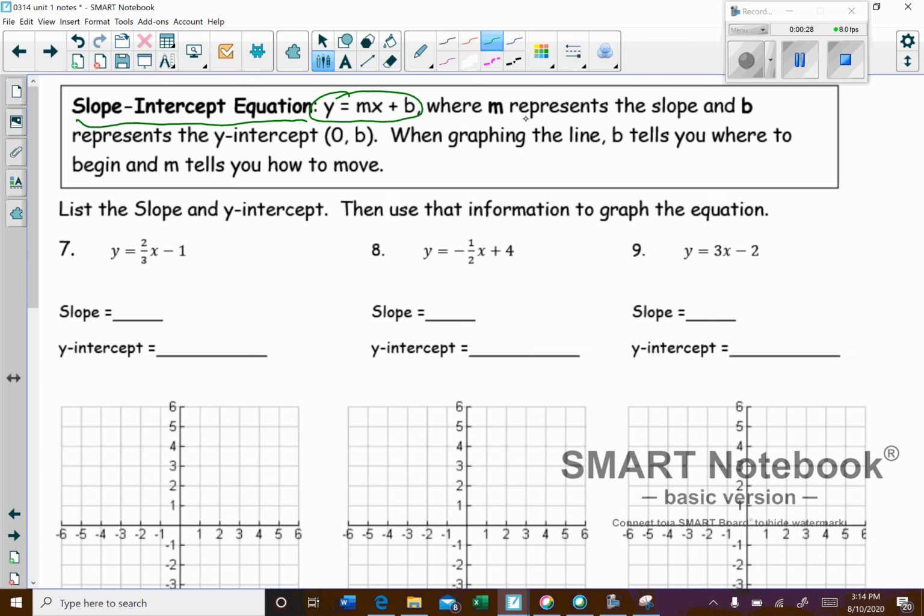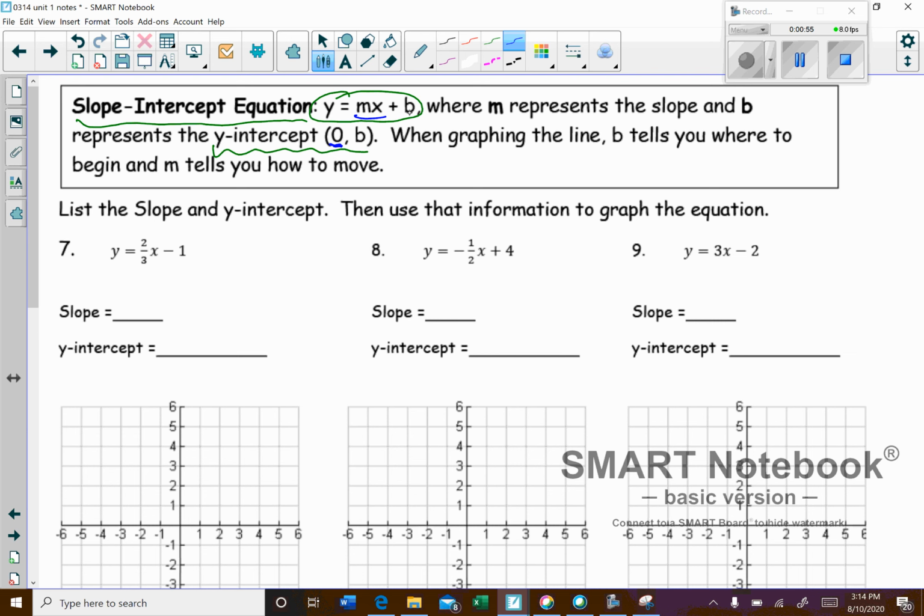M is going to represent your slope, and b is going to represent the y-intercept. The definition of y-intercept is to let x equal 0. If you let x equal 0, the mx term gets canceled out, because 0 times anything is 0, and you'd be left with y equals that b value.